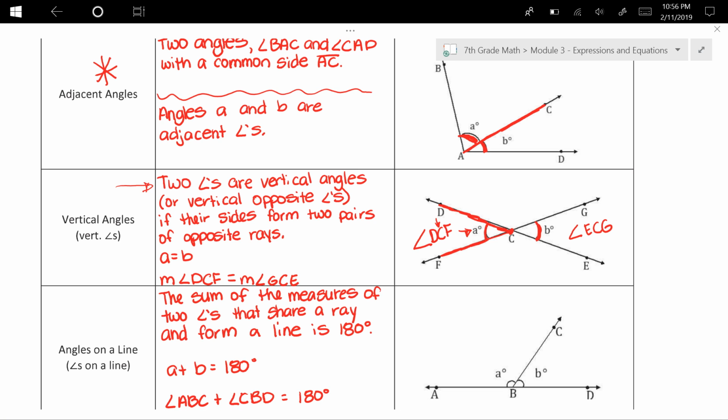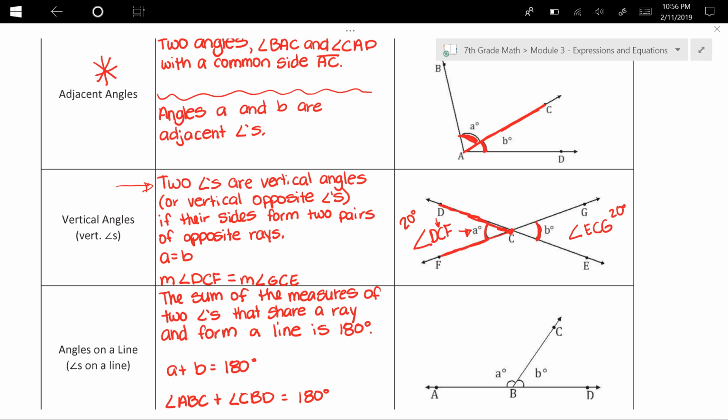When we see vertical angles here, we know that the measures of those angles are equal to each other. So whatever angle A is, that's what angle B is. For example, if I said that angle A here was maybe 20 degrees, that means that angle B has to be 20 degrees. Why? Because they are vertical angles.